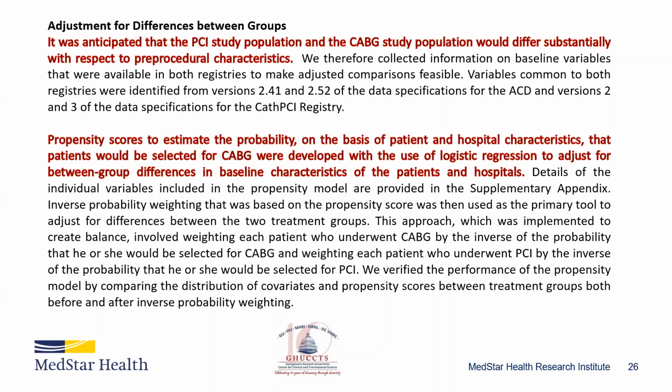So obviously we had to use variables that were common to both registries. And so the propensity scores were calculated on the basis of patient and hospital characteristics. And then we did our logistic regression with CABG as the intervention of interest, and so PCI would be the reference category.